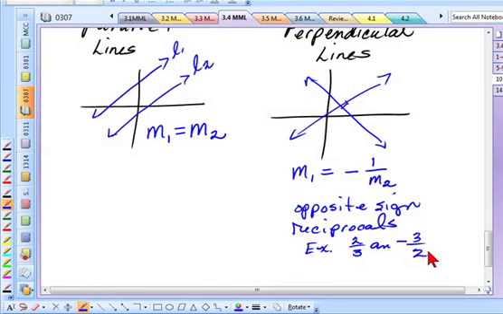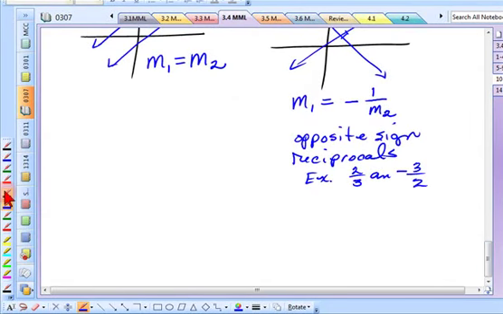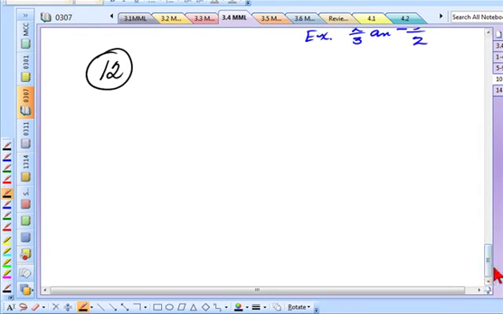Okay, we've got a couple of questions to answer that are related to parallel and perpendicular. Look at number 12. It says, determine whether the pair of lines is parallel, perpendicular, or neither.